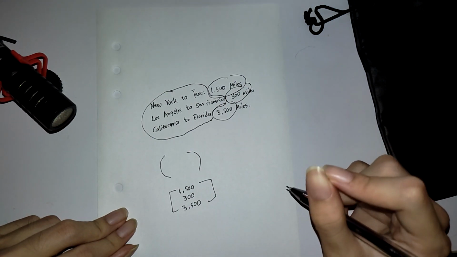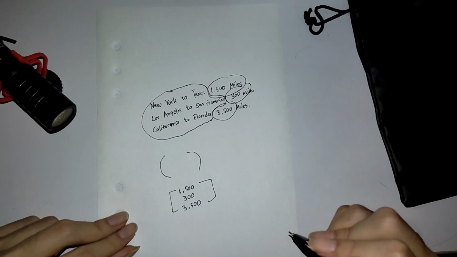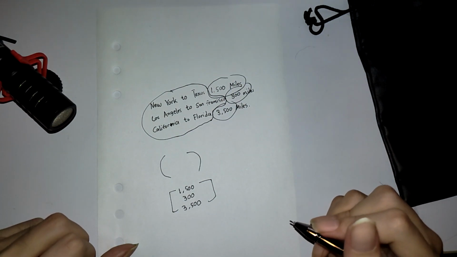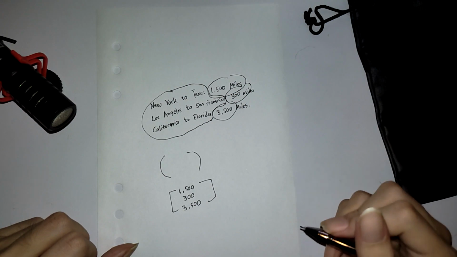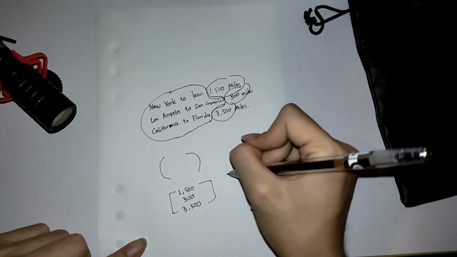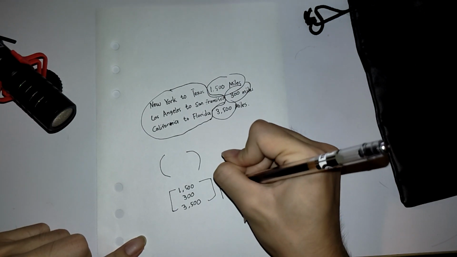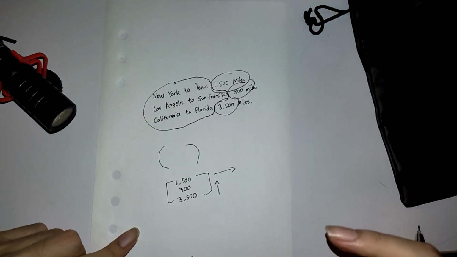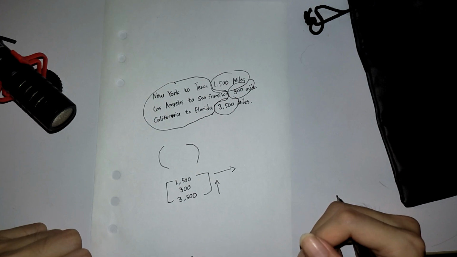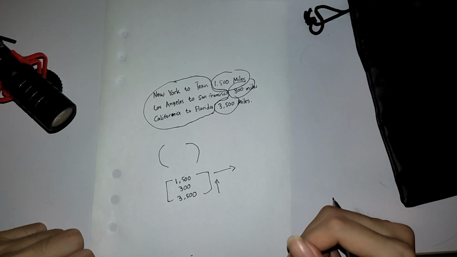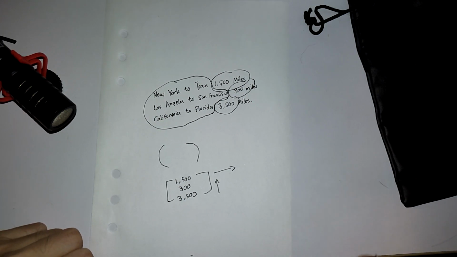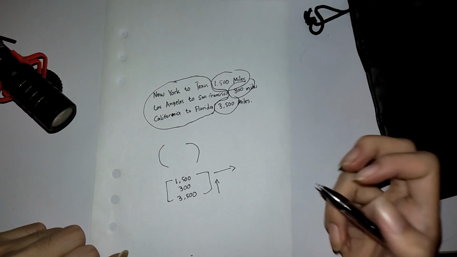Also, please note that rows in a matrix means horizontal and columns means vertical. So, this is horizontal and this is vertical. Now, what you want to do is know how many rows it has.